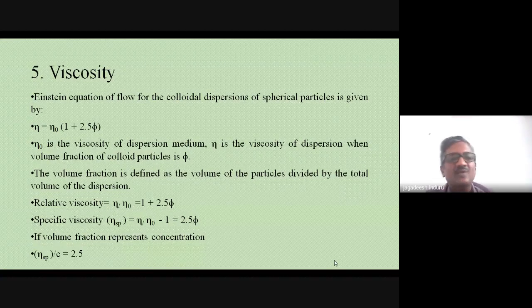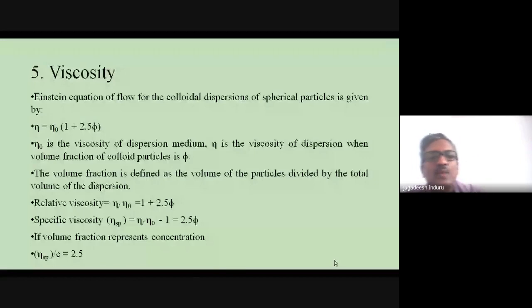The fraction of colloidal particles is linked to your C, that is the concentration of the particles. This volume fraction is defined as the volume of the particle divided by the total volume of the dispersion. That is the reason you have got relative viscosity. This relative viscosity you also calculated on that day. So that value is equivalent to 1 plus 2.5 phi.